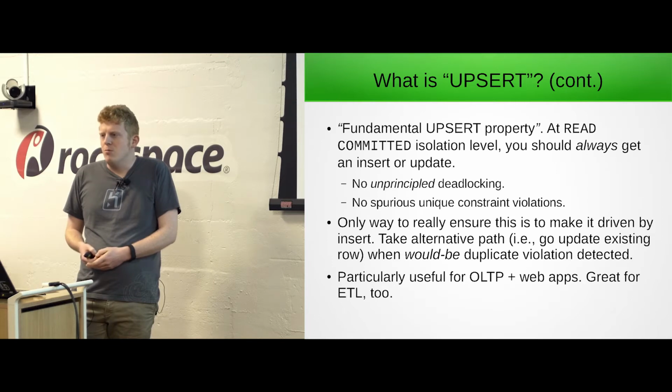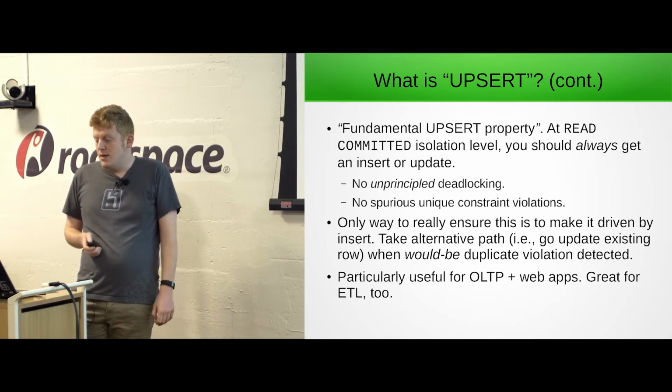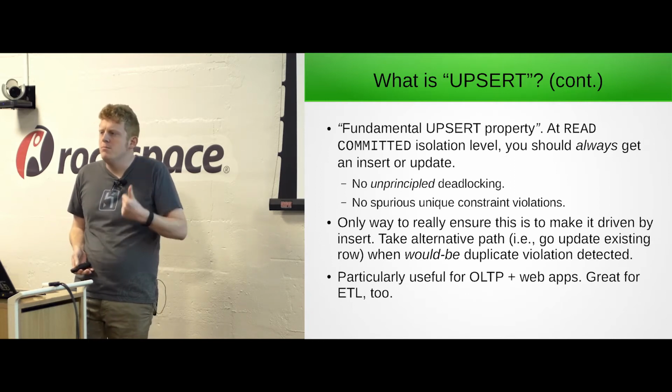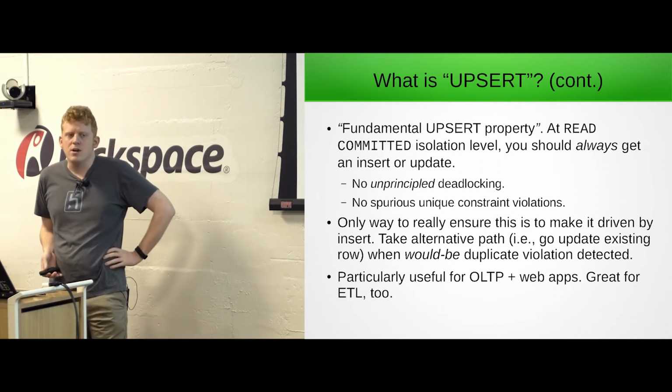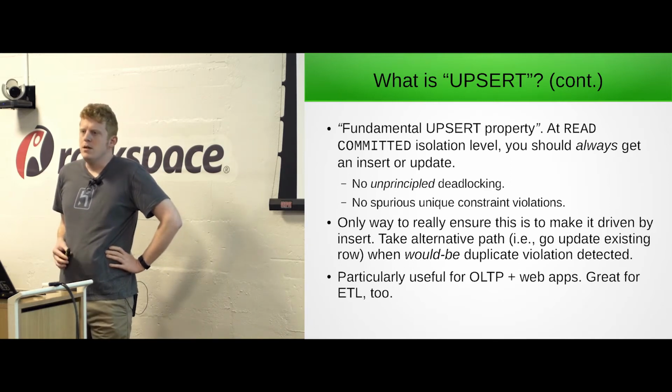Otherwise, there are problems with ensuring that those other properties are maintained if you do it through any other approach, except perhaps locking the entire table, but that's not going to fly. So it's very useful for OLTP web apps. This is a feature that a lot of people have been looking for a long time. It's going to be in Postgres 9.5. I'm very happy about it.